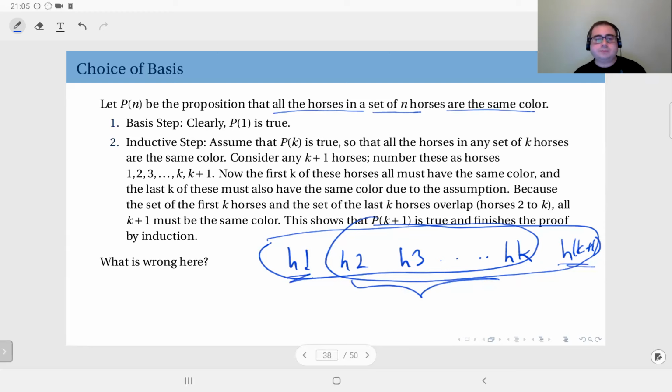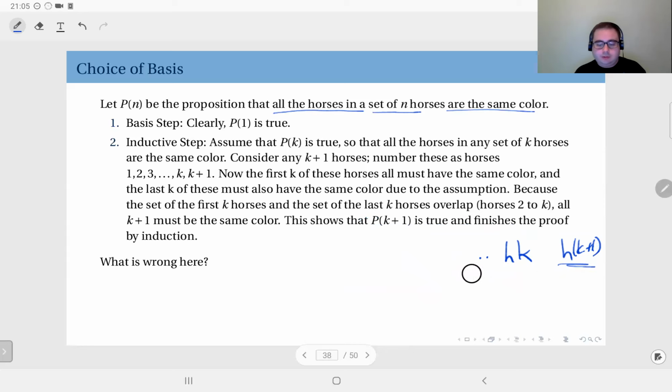What went wrong here? The problem in this proof, well, it's not a proof, obviously, it's wrong. The problem with this argument is apparent when n is chosen as 2. Now, let me clear all this. The problem was with the overlap, because if you just have 2 horses, horse 1 and horse 2, this is a collection of a single horse, and due to the basis step, it's of the same color with itself, obviously.